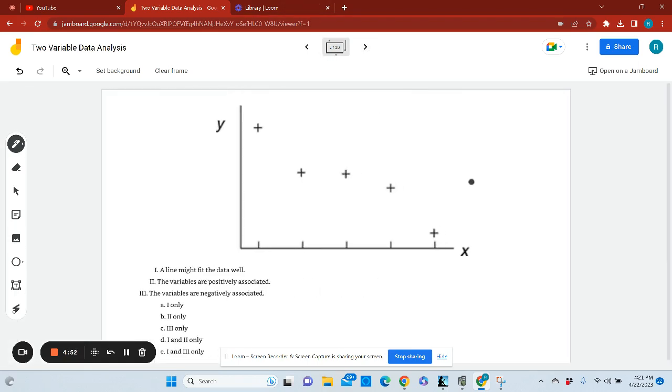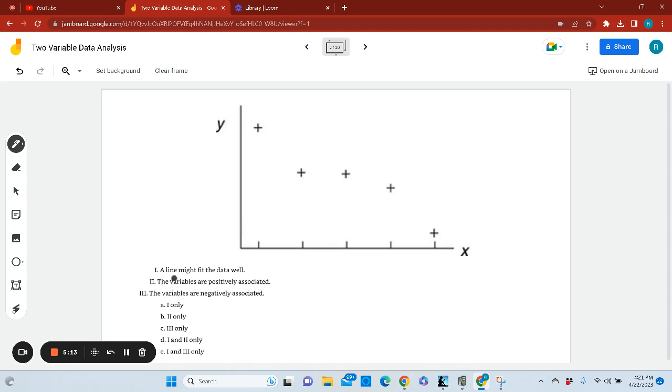So we can look at a quick practice question before we get into the rest of the lesson here, right? So they give us a question and they give us basically 3 statements, and we're basically asked to choose which of these 3 statements has to be correct, right? Or if there's more than one of these statements that are correct.